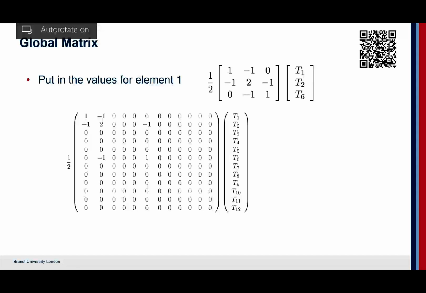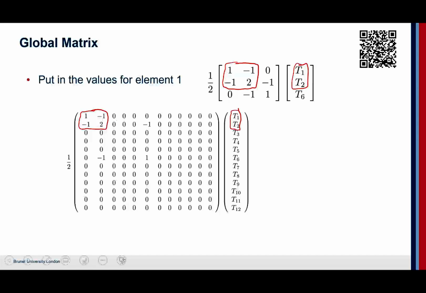This is probably already bigger than what you'd want to do manually, but just notice that what we're essentially doing is taking this expression here, which is for T1 and T2, and we're sticking it in here for T1 and T2, so they just correspond with that. So it's basically just putting the local part of this global matrix for all 12 nodes. We stick those elements where they go there.